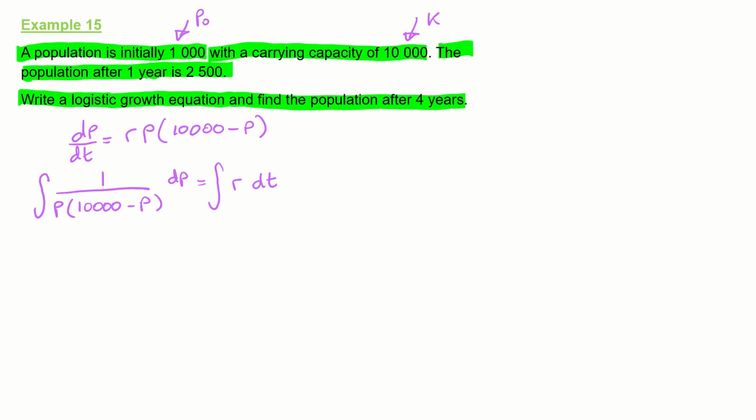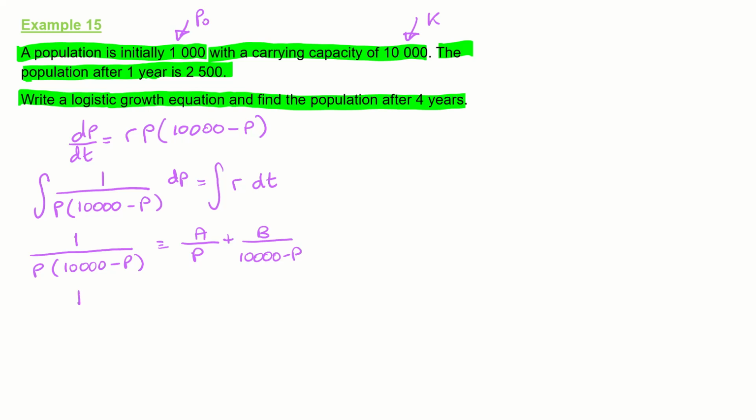Now we need to deal with the partial fraction 1 over P(10,000 minus P). We can write that as A over P plus B over (10,000 minus P).